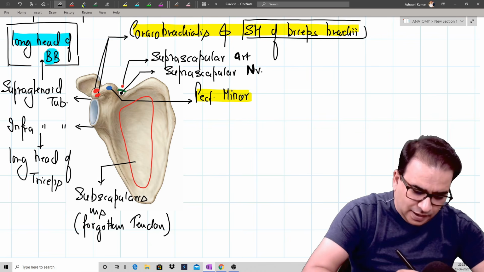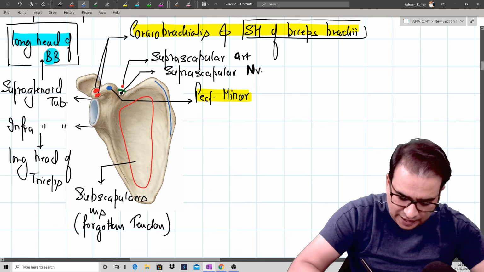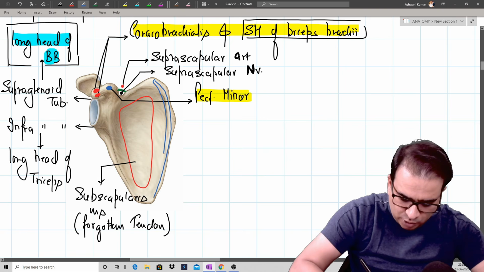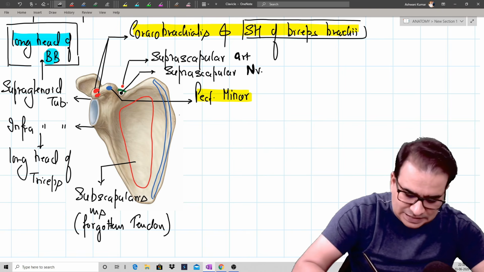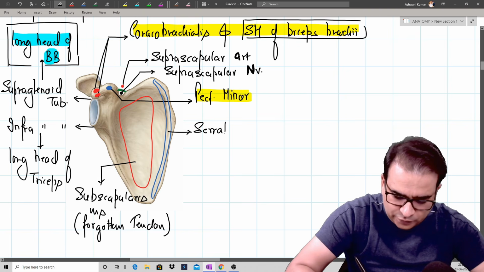And what you'll see, guys, along the entire medial border, from the superior angle all the way to the inferior angle, there is a muscle which is inserted here. That's why I'm drawing with the blue here, and that's the insertion of the serratus anterior.